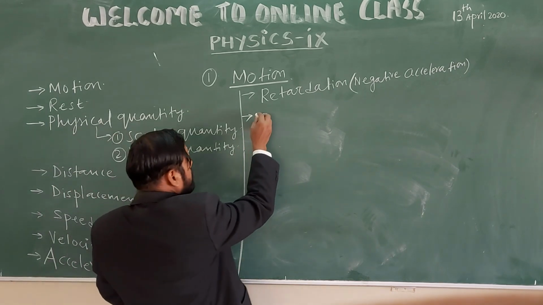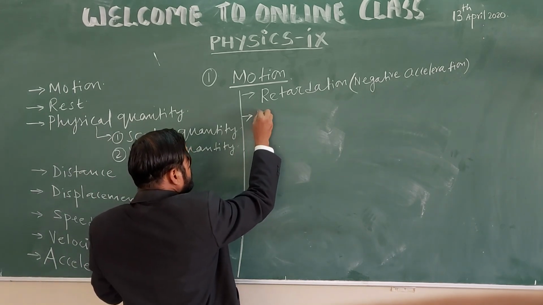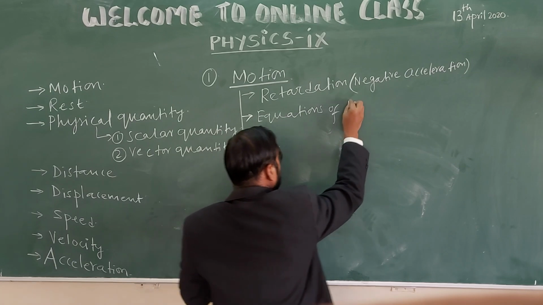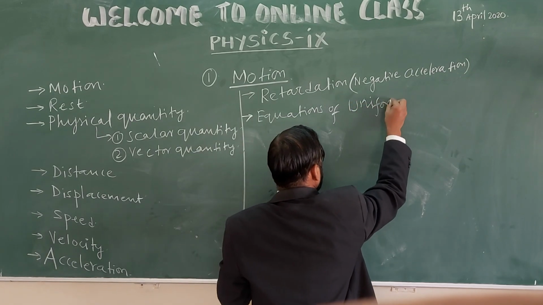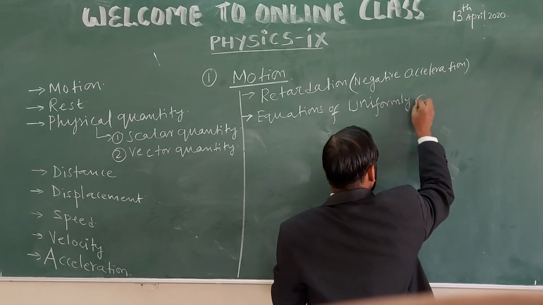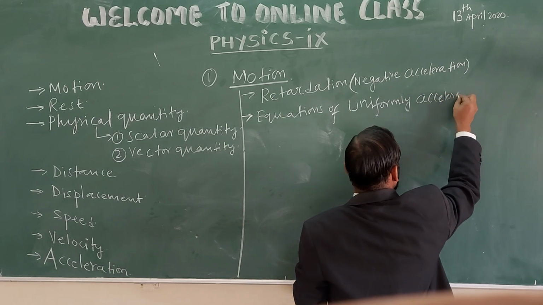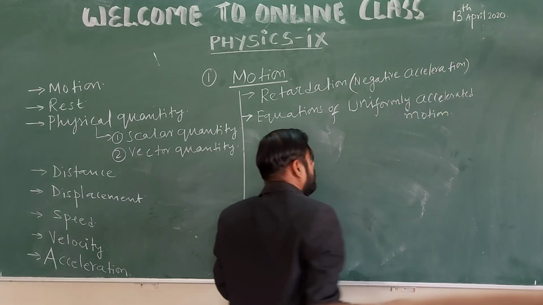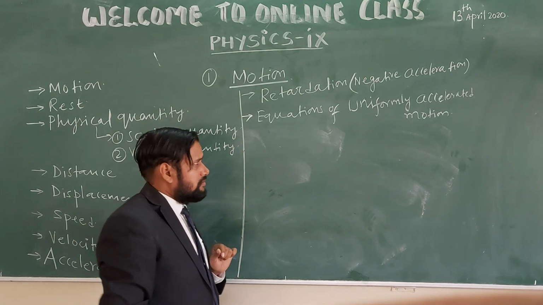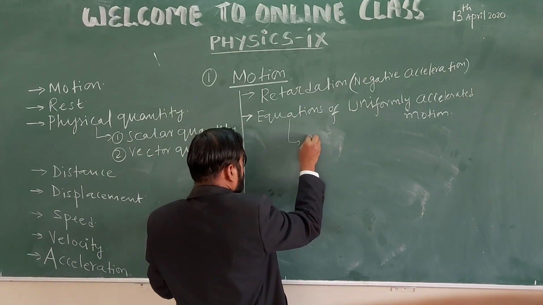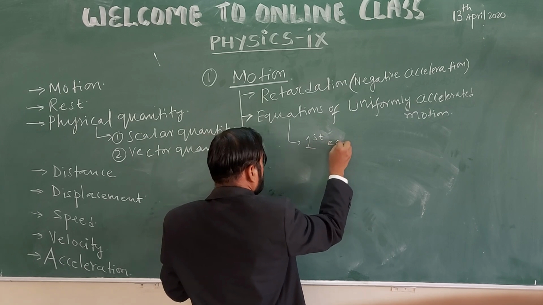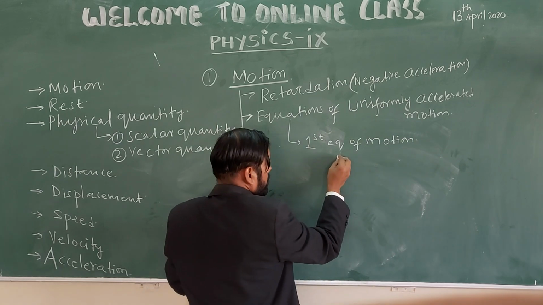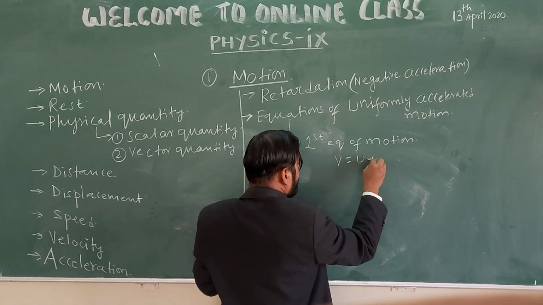Now the next topic is equations of uniformly accelerated motion. So here we are going to derive 3 equations. First equation of motion will be V equals to U plus AT.